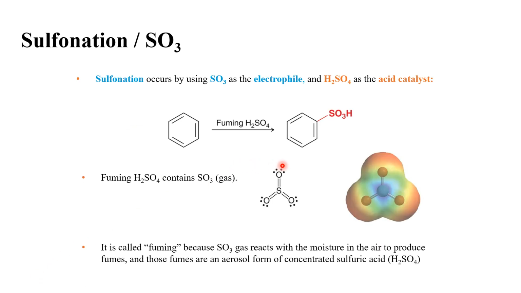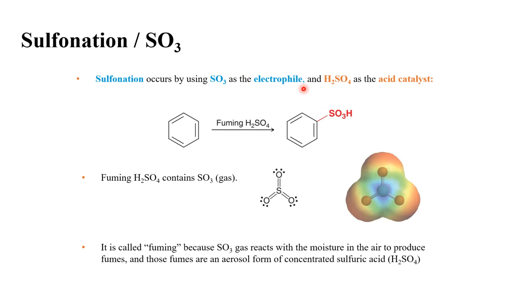All right, here's another electrophilic aromatic substitution, EAS reaction. This one's called sulfonation. You can guess that sulfonation has to do with sulfur, some sort of sulfur source. In this case, it's SO3. So sulfonation occurs using SO3, which is just sulfur trioxide, as the electrophile.